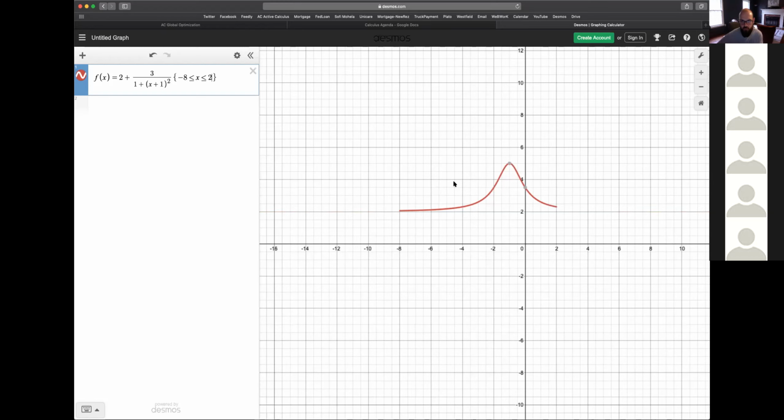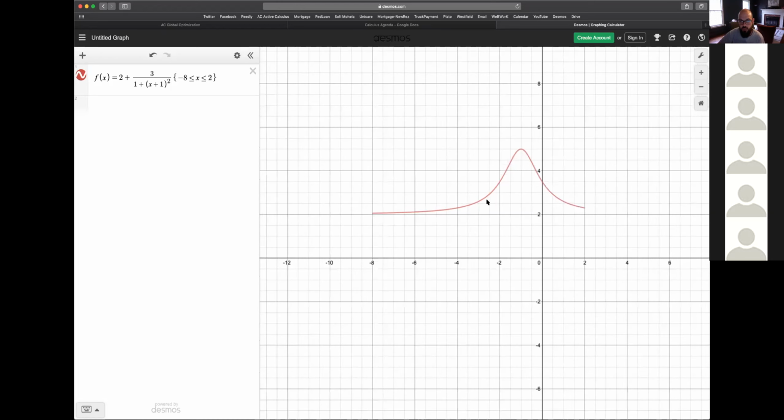Okay, and if I restrict to this domain, now I can ask the question, do I have a global minimum value? It seems based on the graph that I have a small value over here that's 2.3. That's my right endpoint. Looks like everything else is bigger than 2.3. I have a max still of 5.